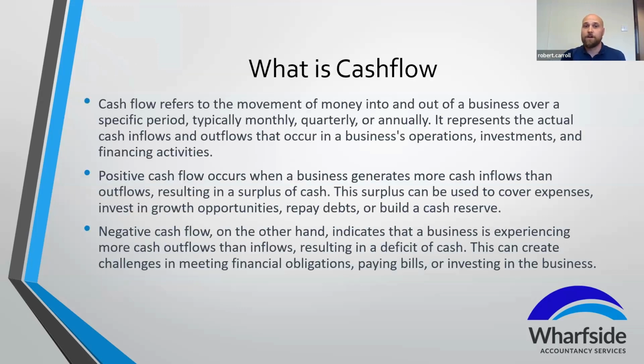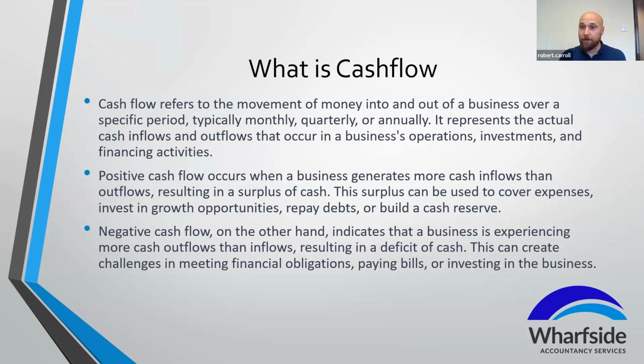Cash flow refers to the movement of money in and out of a business. Most businesses would measure this over a period of time. If businesses are producing monthly management accounts, it's a forecast of that typically. It might sound self-explanatory, but positive cash flow is where you're generating more cash than you're spending, and negative is where you're spending more money than you're receiving.